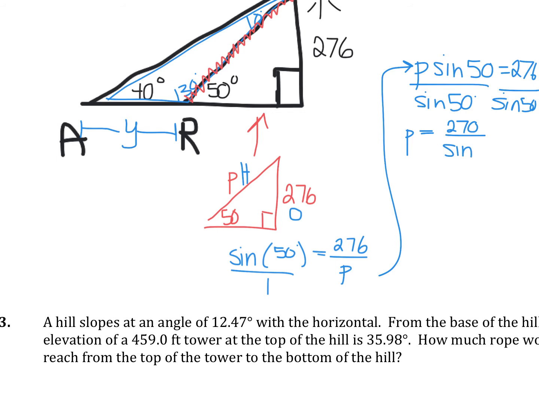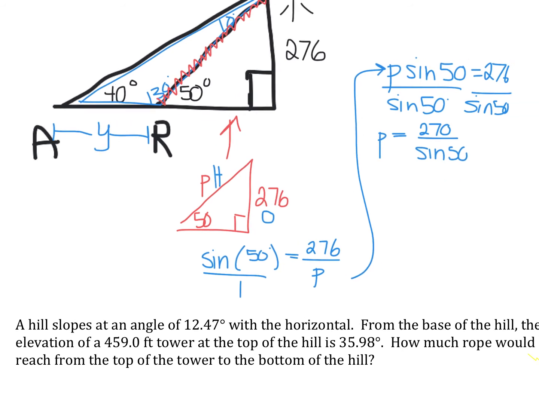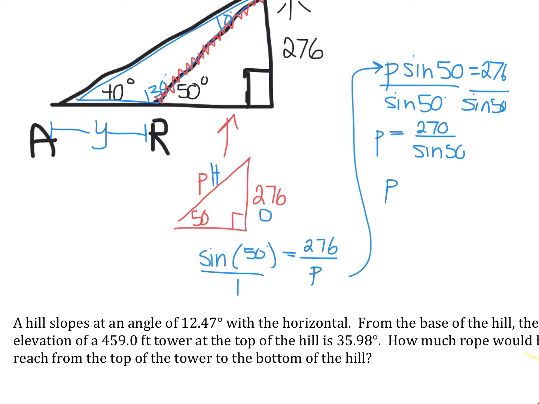I could leave that or I could store it. My suggestion is to store it because this is going to be kind of outrageous when I have to use law of sines in a second. It's going to be really hard for me to keep typing that in. So I'm going to label it like a big X, and I'm going to store it in there.